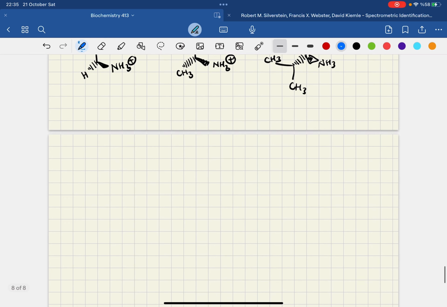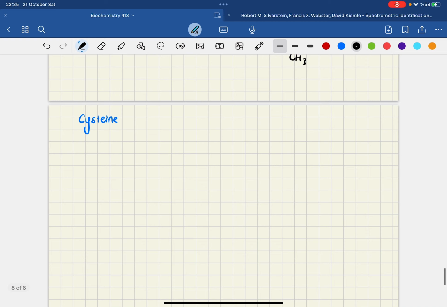Now cysteine is a very important amino acid, cysteine. Okay, what makes cysteine so important? Cysteine has a sulfur in its R unit, which is one of the two amino acids which contains sulfur in its R subgroup.